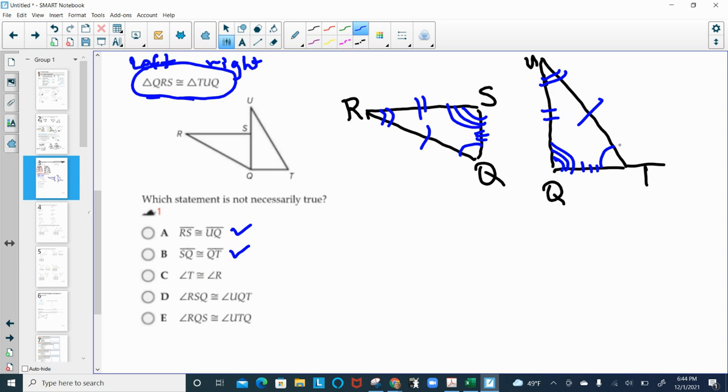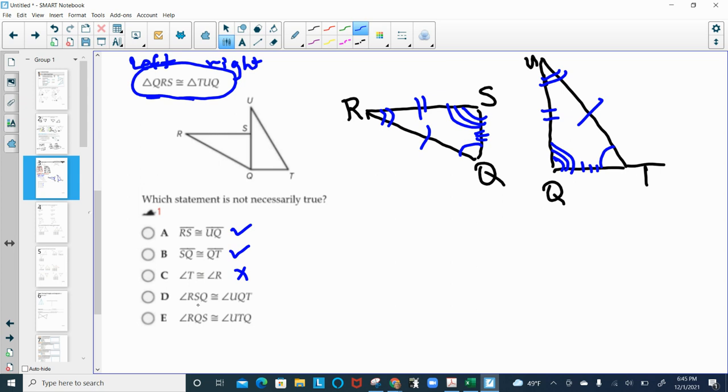Angle T has 1 arc mark. Angle R has 2. That one looks questionable. We're going to keep that one there. Now, these last 2 are a little tough because they name the angles with 3 letters.